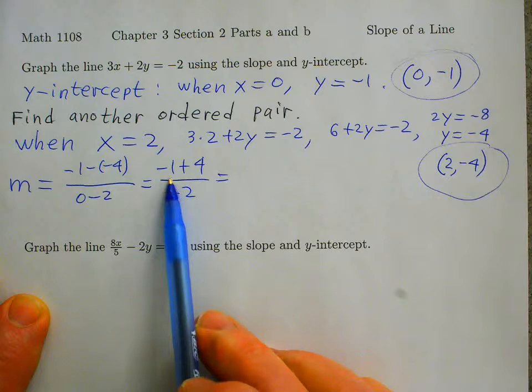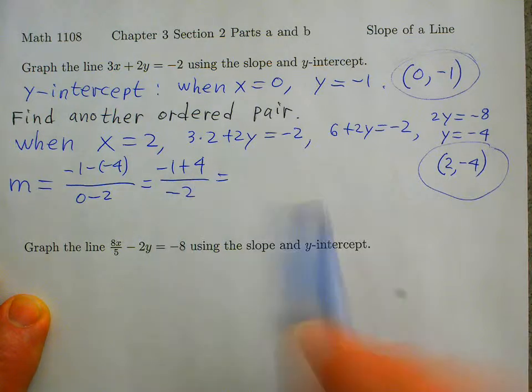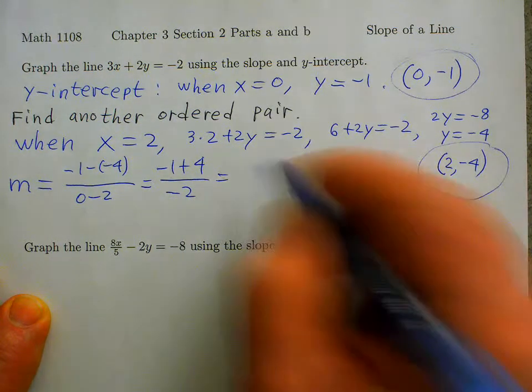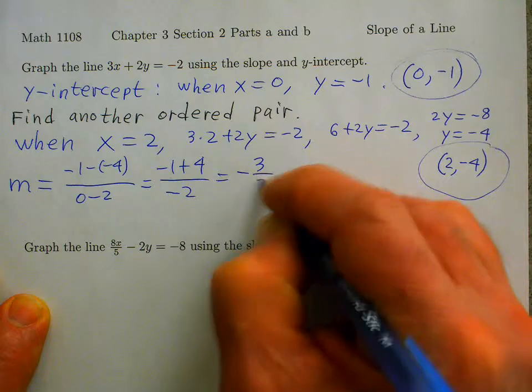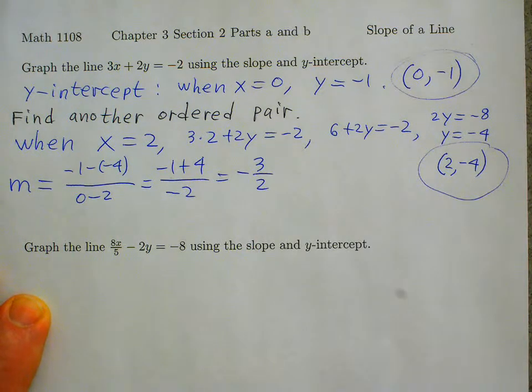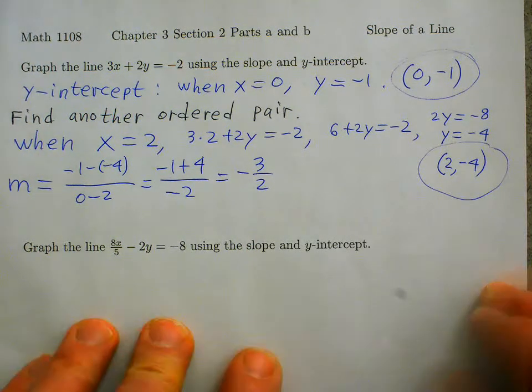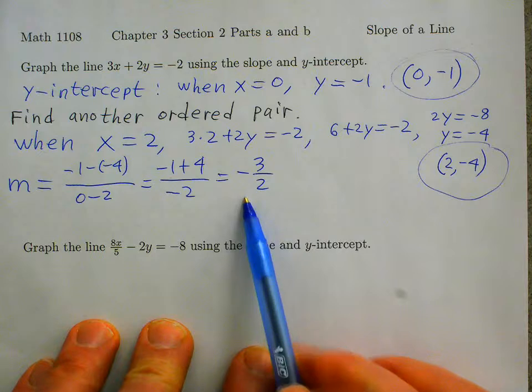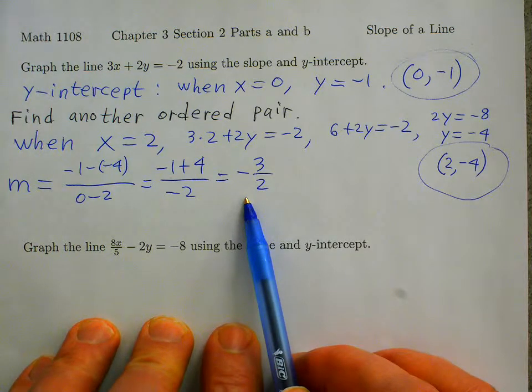And then finally, negative 1 plus 4 is positive 3 divided by negative 2 is negative 3/2. Okay, well, I ran out of room, but we did find the slope is negative 3/2.